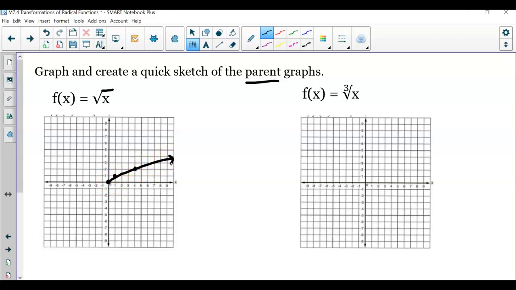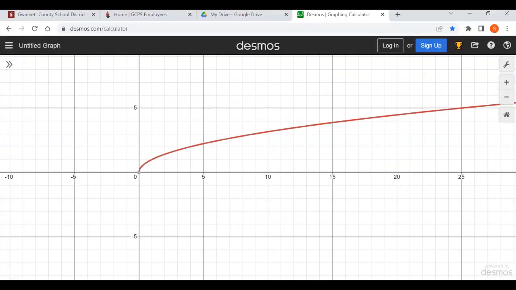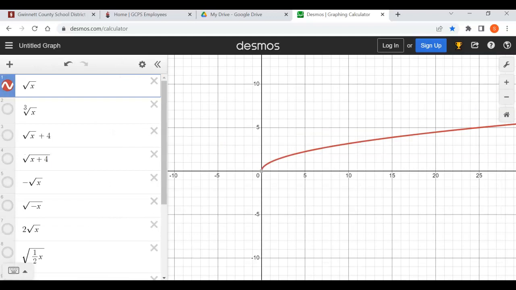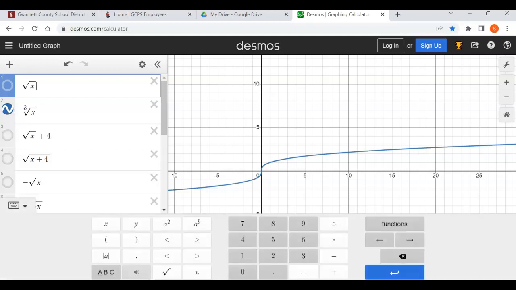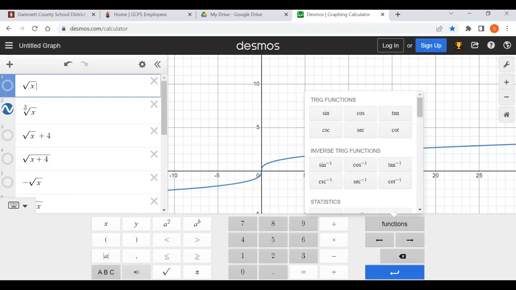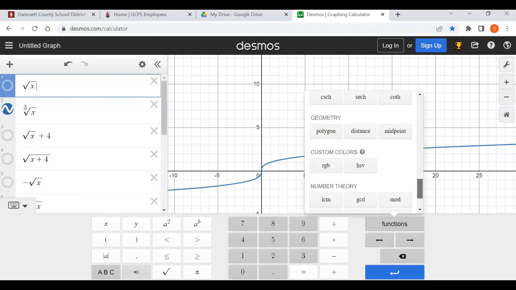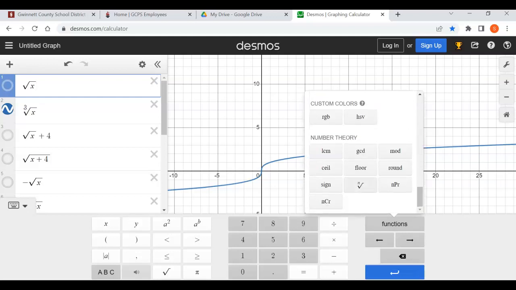Then go ahead and graph the cubed root of x. If you don't remember how to graph the cubed root of x, I've already graphed it, but just in case you don't know, you click on the keyboard, then click on functions and scroll all the way down, and click on this button here, the n radical.